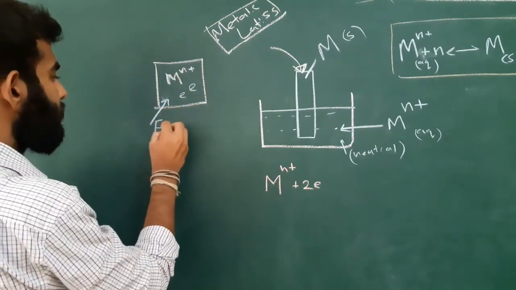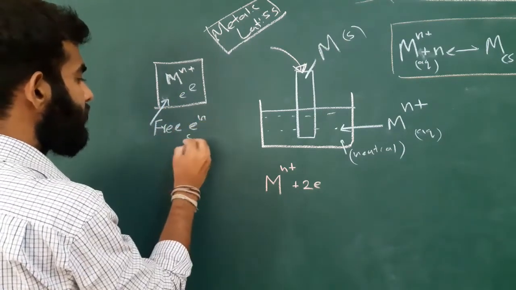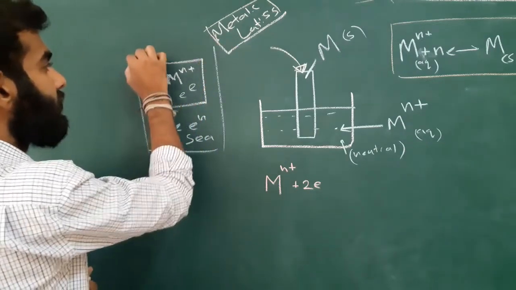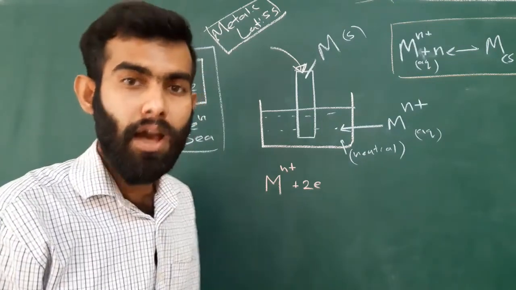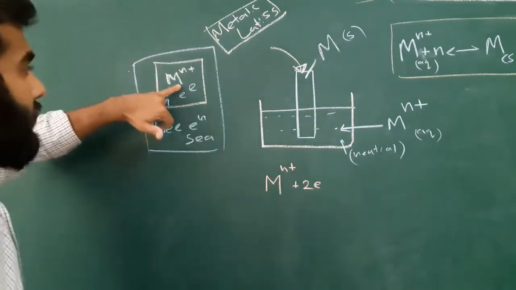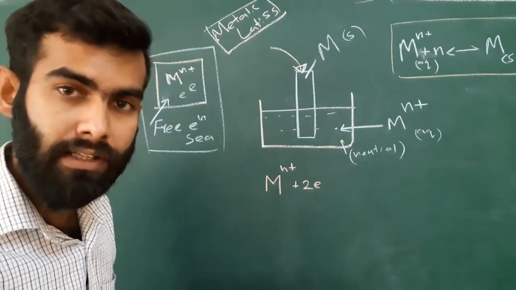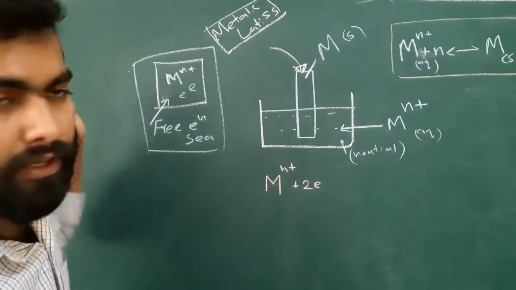Free electron sea. This is the structure of a metallic lattice. We know a metallic lattice is positive charges immersed in an electron sea. So cations are dipped in or immersed in an electron sea. This is the structure of a metal.